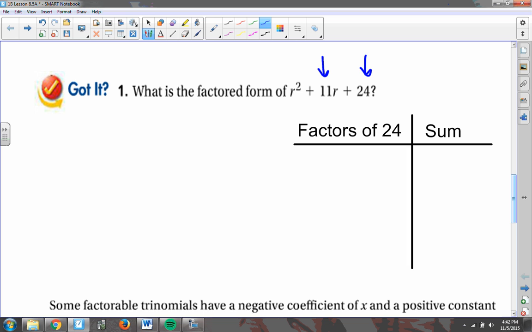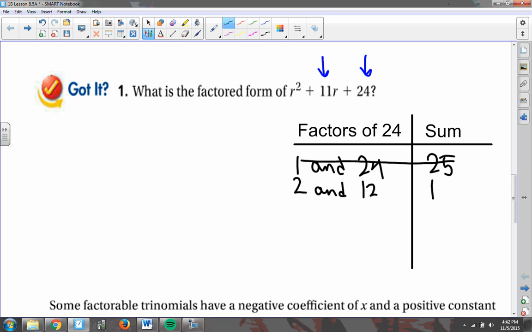Okay, factors of 24 that I could list. 1 and 24, they add up to 25. That doesn't work. I could do 2 and 12. They add up to be 14. That also doesn't work. I could do 3 and 8.